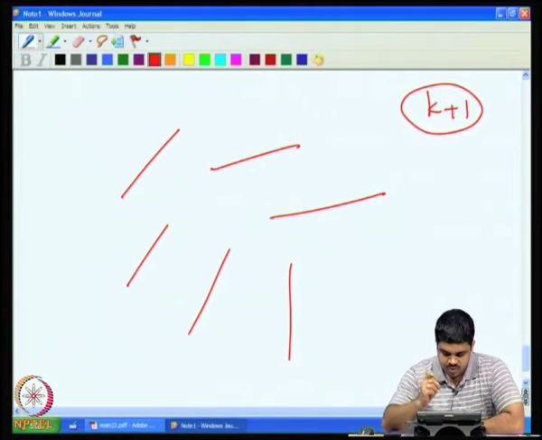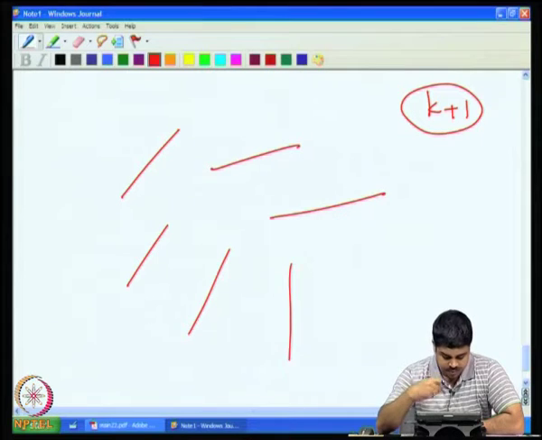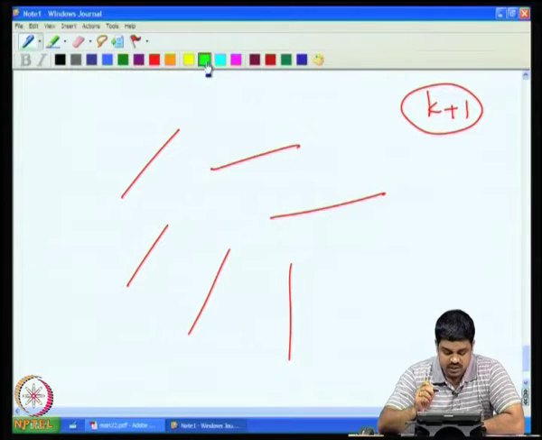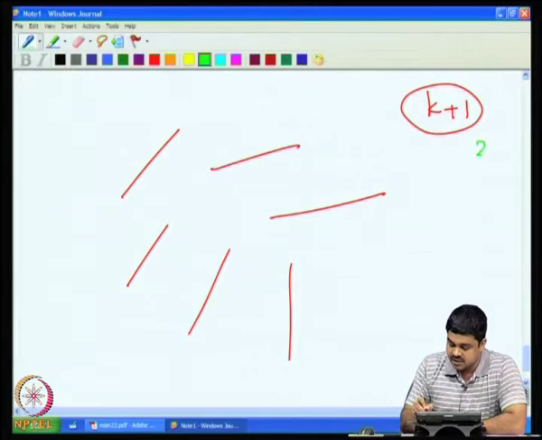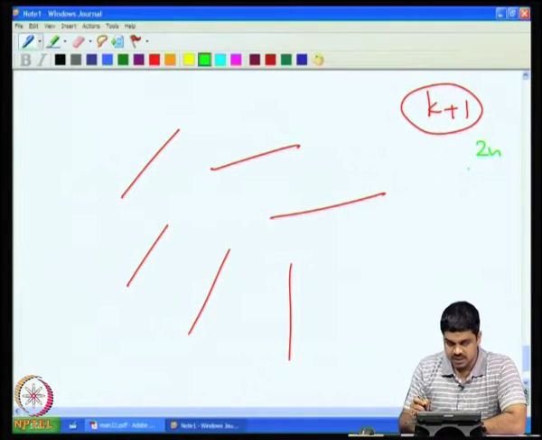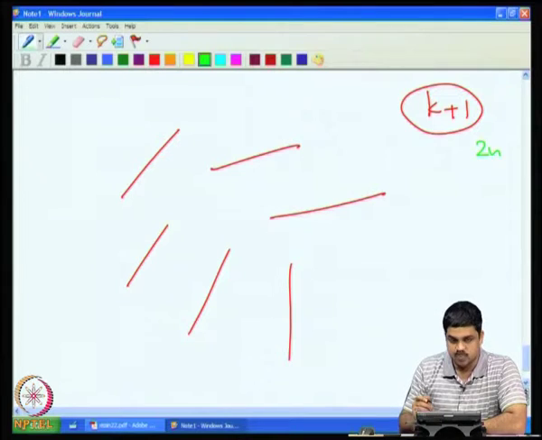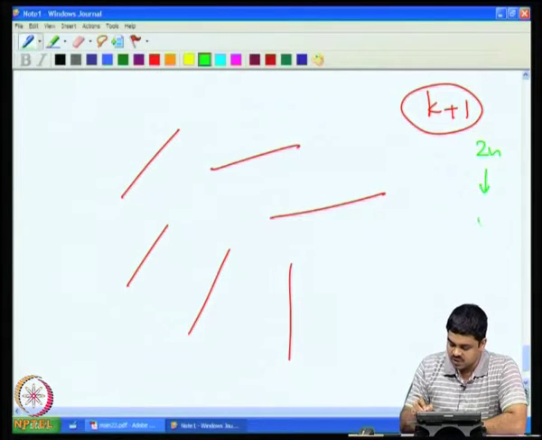Now you pick up the red edges alone. Suppose this happens to be n edges. So there are 2n vertices. Can you have more than n edges? No, it is not possible, because it has to be a matching, since the edges do not touch each other in a proper coloring. The biggest matching possible for 2n vertices is only n.